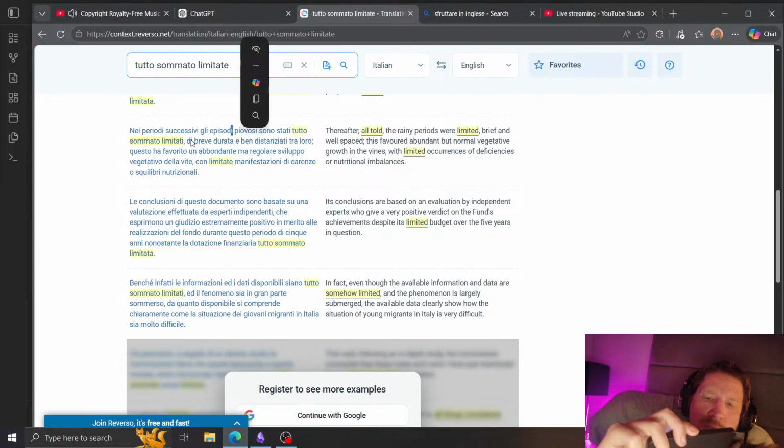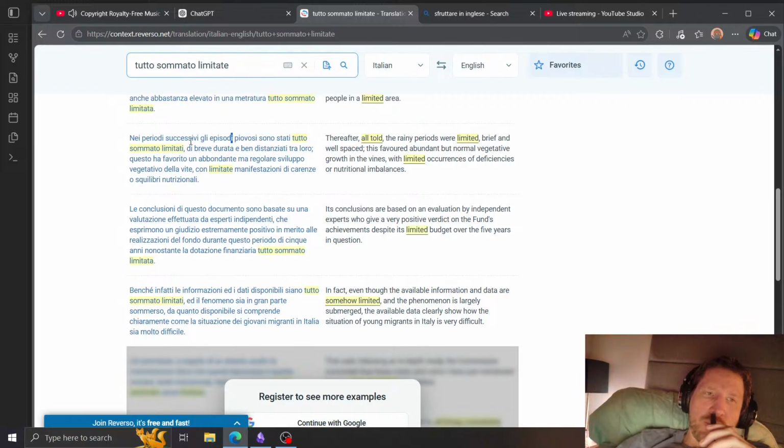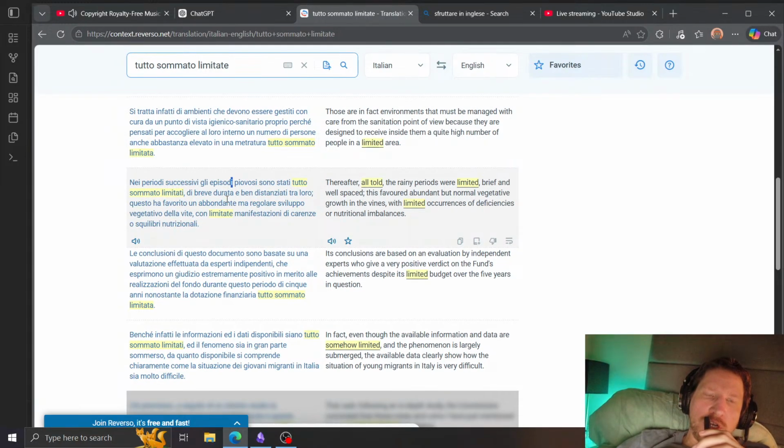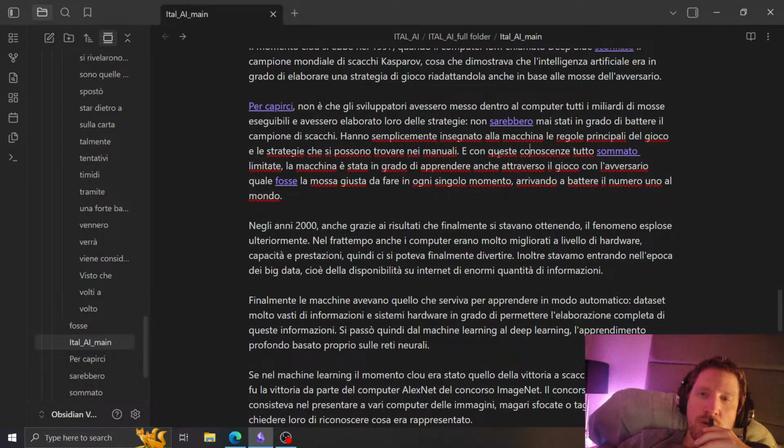But I'm noticing it connects to the noun in question. So in this example, nei periodi successivi, gli episodi piovosi sono stati tutto sommato limitati, eccetera. Ma nel mio esempio è con queste conoscenze tutto sommato limitate. Limitate is for conoscenze.